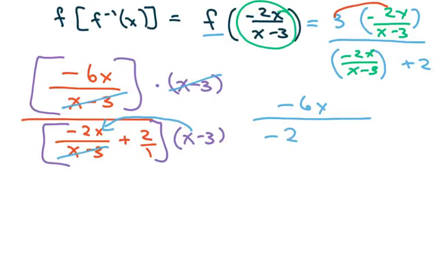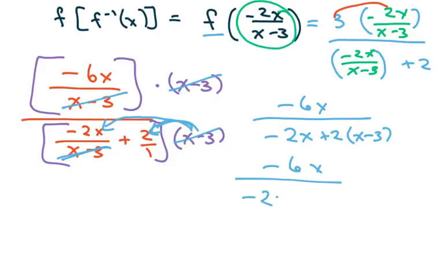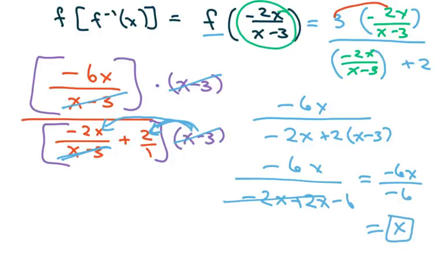So you just get negative 2x. And then you have to also multiply it here, and you get plus 2 times x minus 3. So we get negative 6x over negative 2x plus 2x minus 6. Now this cancels, so you get negative 6x over negative 6, and this equals x. So we're good on that end.